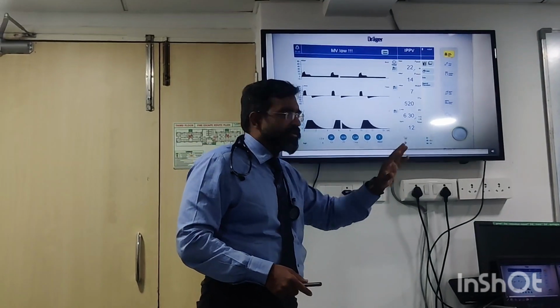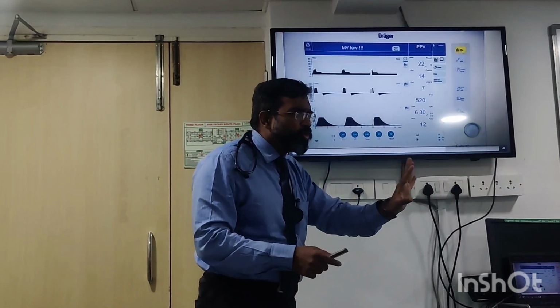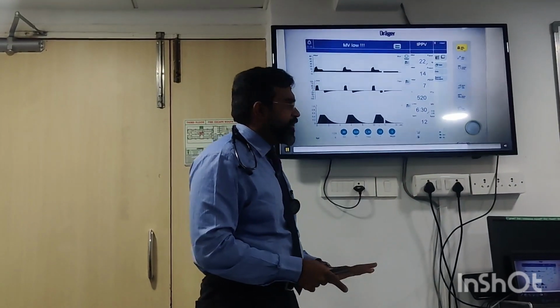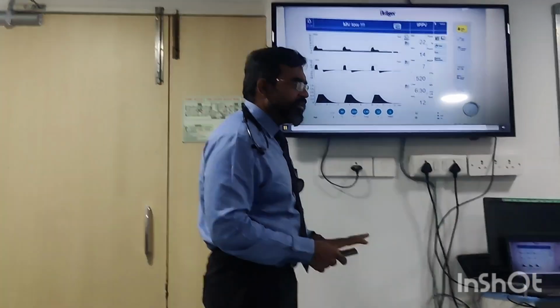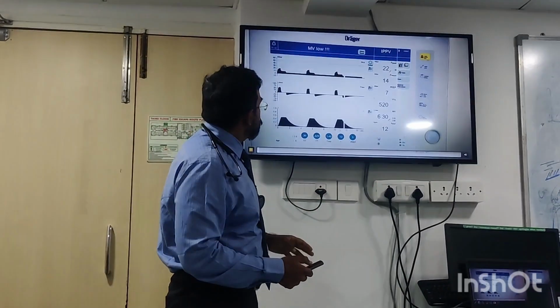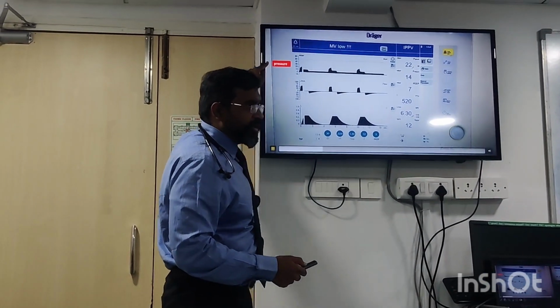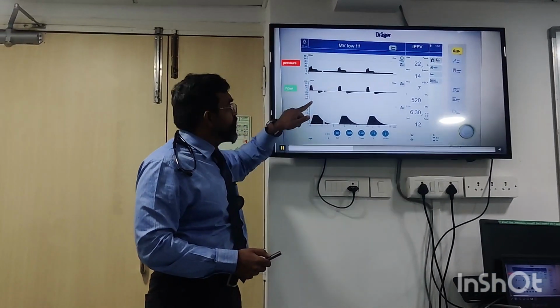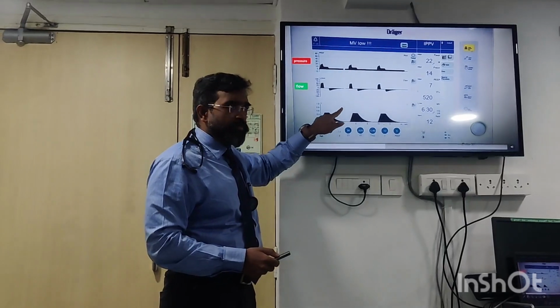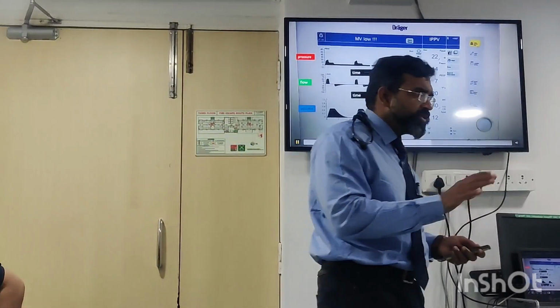And volume is maintained and constant. Clear? So in this mode, what I'm seeing here is pressure versus time, flow versus time, and volume versus time. This is basic.